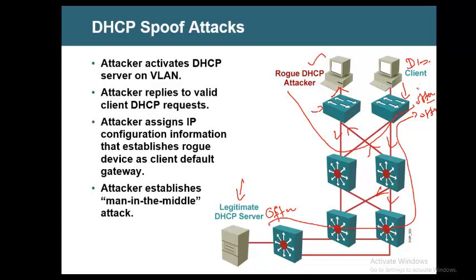We call this a request. And as an acknowledgement, the rogue is going to say address granted. So the legitimate DHCP server is not getting a chance to serve because the client did not pick it. The client gave the option to the rogue.